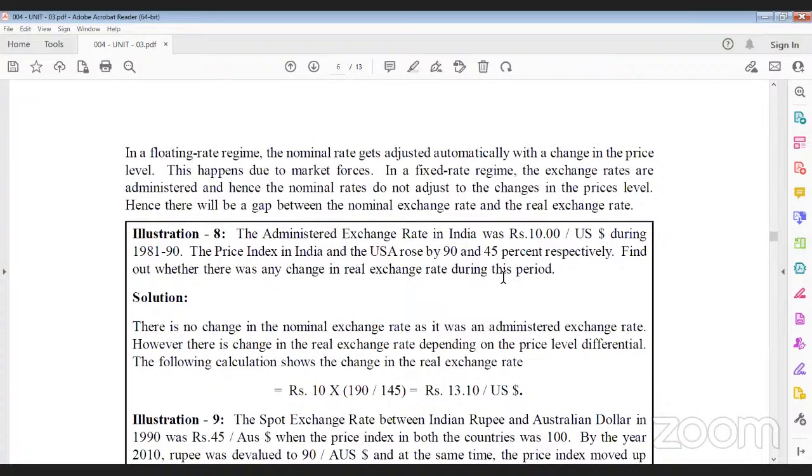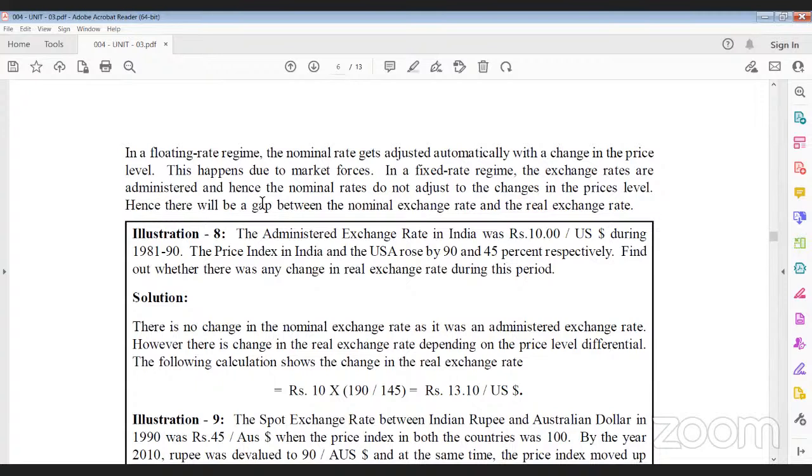Now the floating rate regime. Okay, the floating rate regime is all about the nominal rate, which gets adjusted automatically with a change in the price level. This usually happens due to various market forces. And in a fixed rate regime, the exchange rates are administered, and hence the nominal rates do not adjust to the changes in the price level.